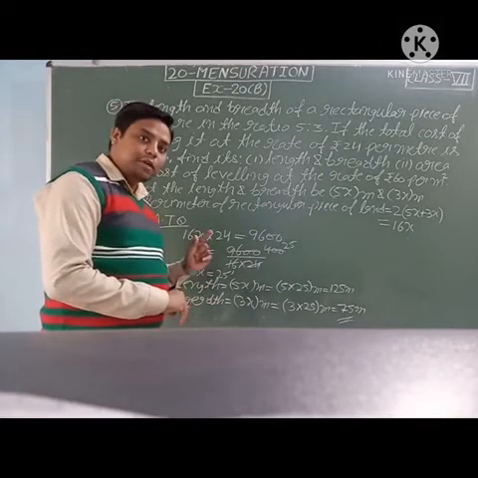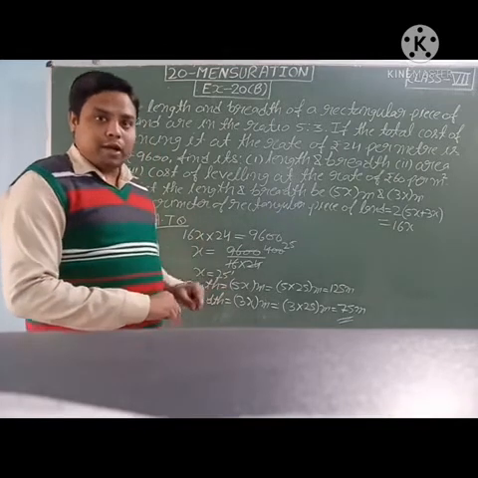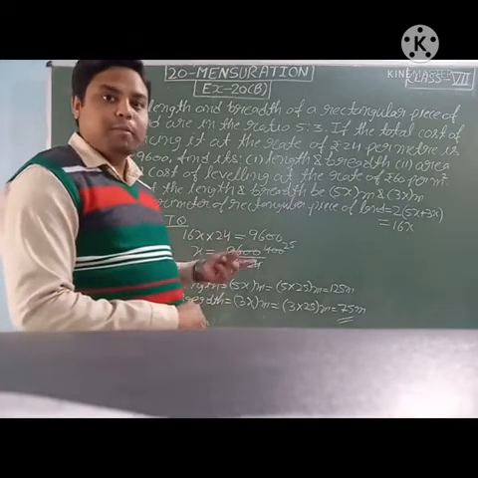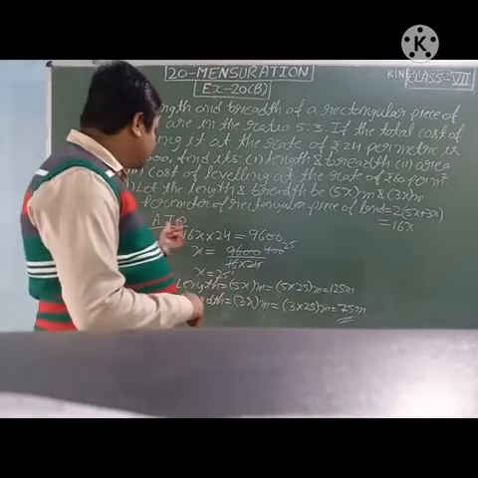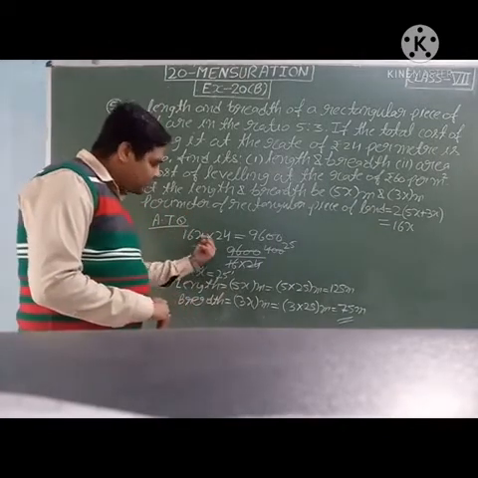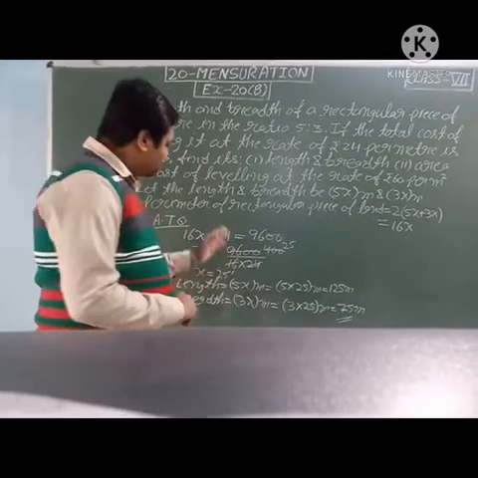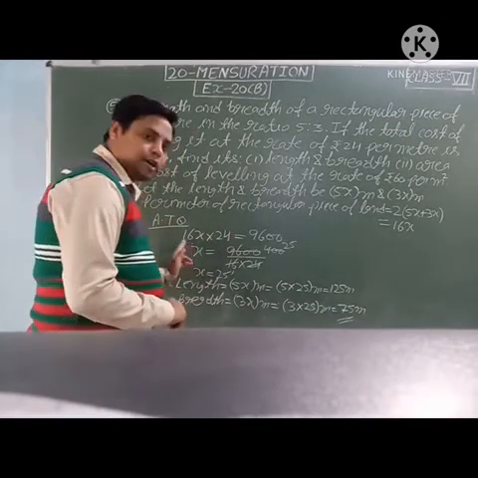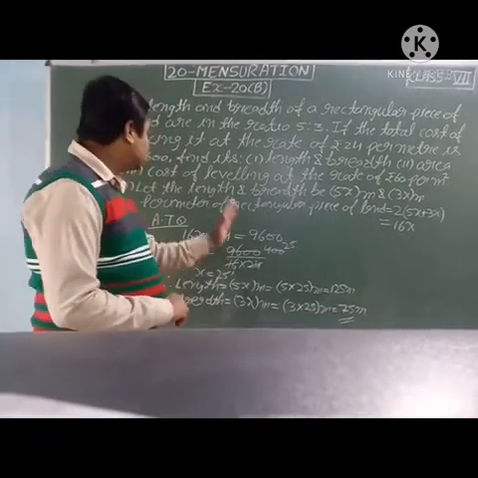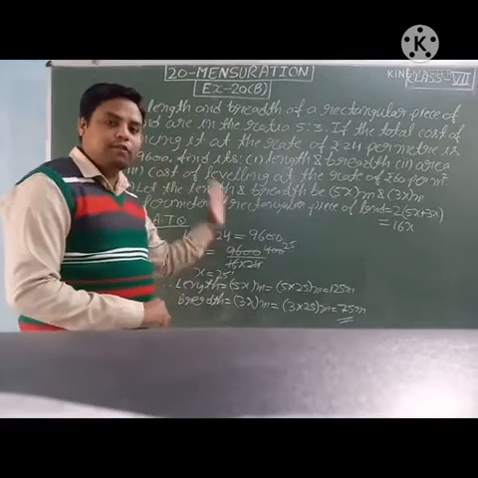Cost of fencing means perimeter multiply cost per meter. According to the question, we have the perimeter 16x multiply cost per meter 24. So it is the cost of fencing in terms of x. It is given in the question also, that is 9600.